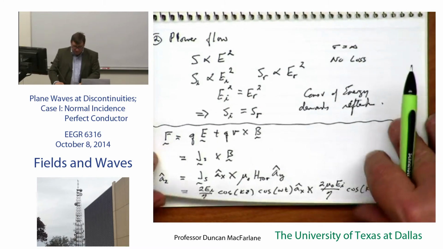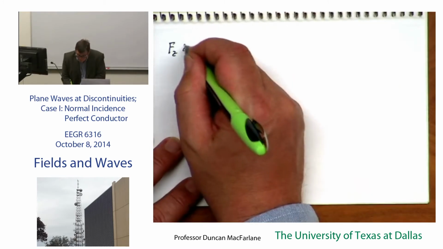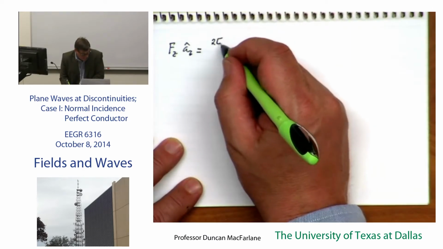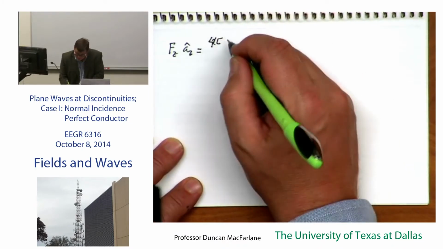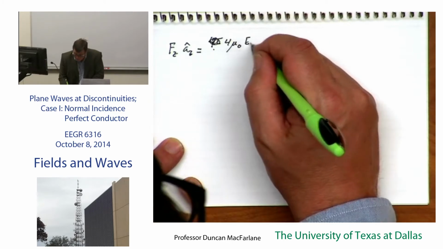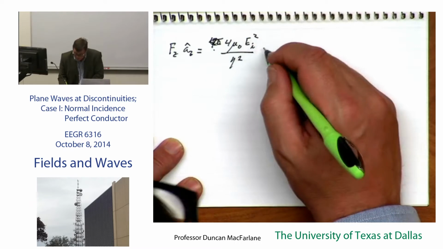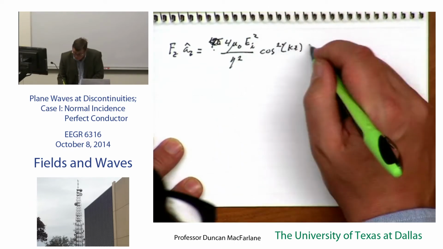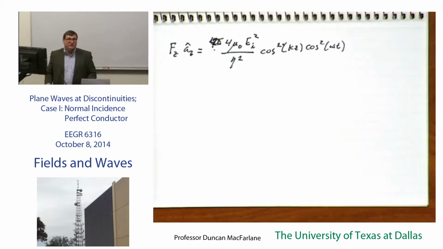And if I multiply all that together, those cosine terms square.